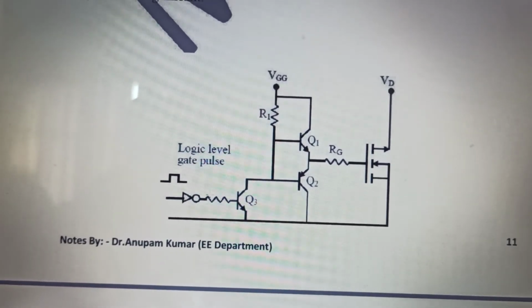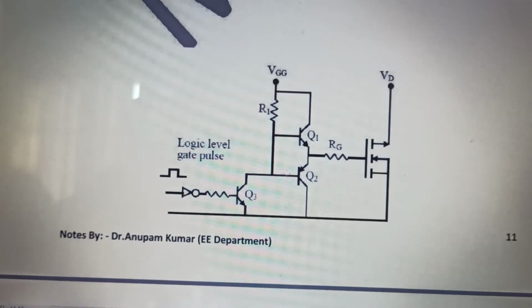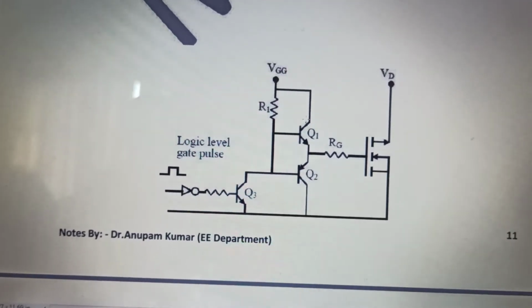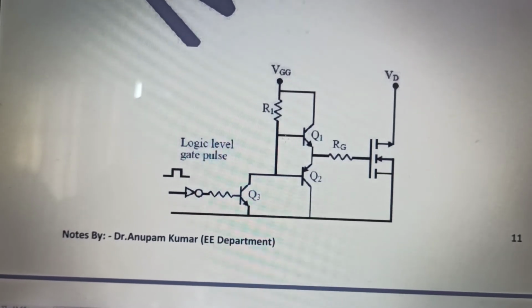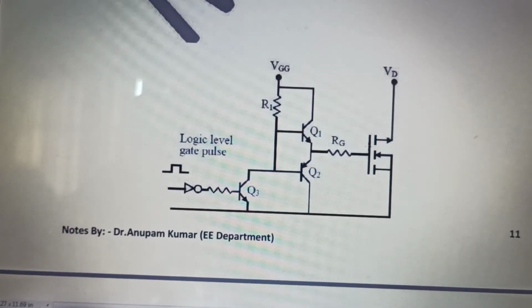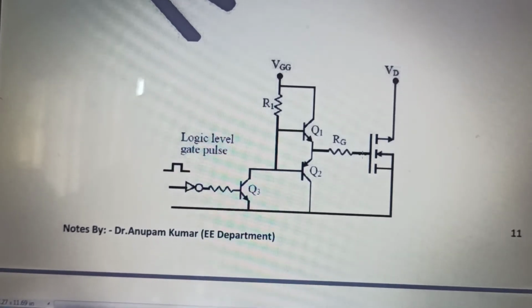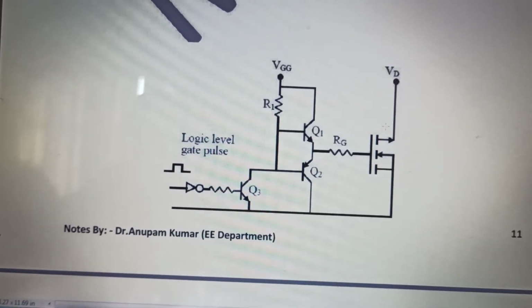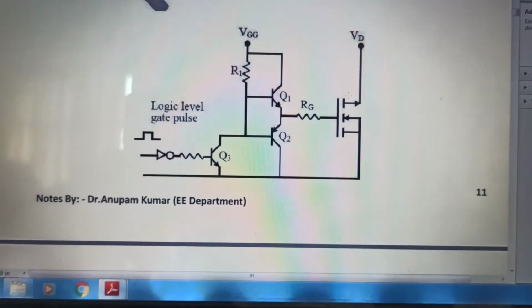So this positive VGG will get applied across Q2. As Q1 gets turned on, a voltage gets applied across the MOSFET, and the MOSFET driver circuit starts its operation.